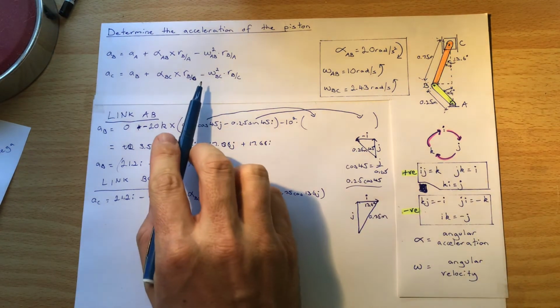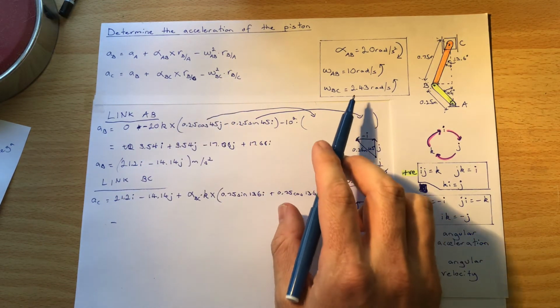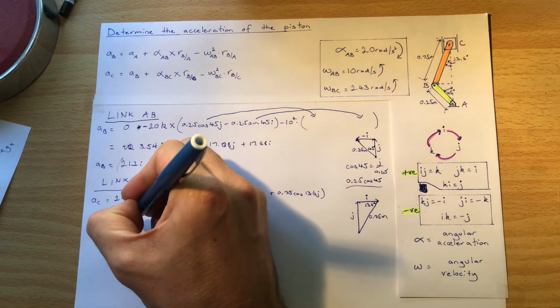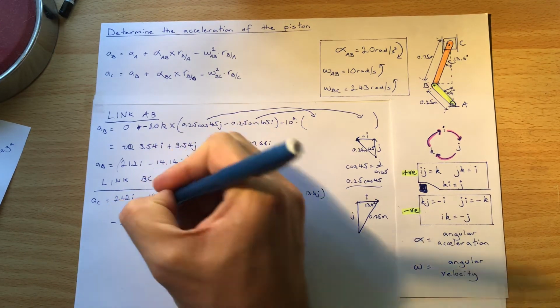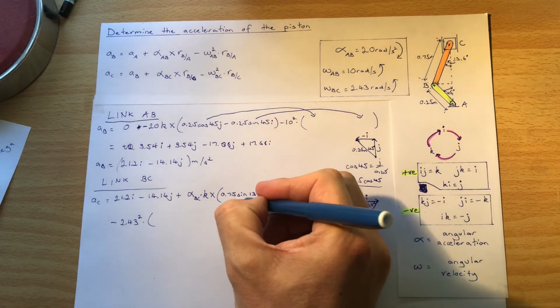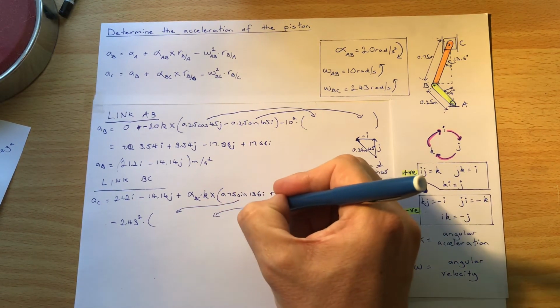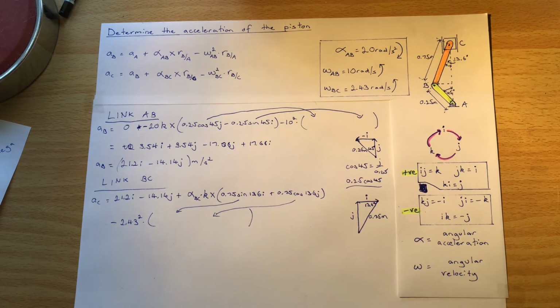Still going with this equation, still got this part of it to do, minus our angular velocity at BC, which is 2.43 squared, times, remember, these are always the same. This part plus this part, it's always the same. You get used to that, it's pretty easy.